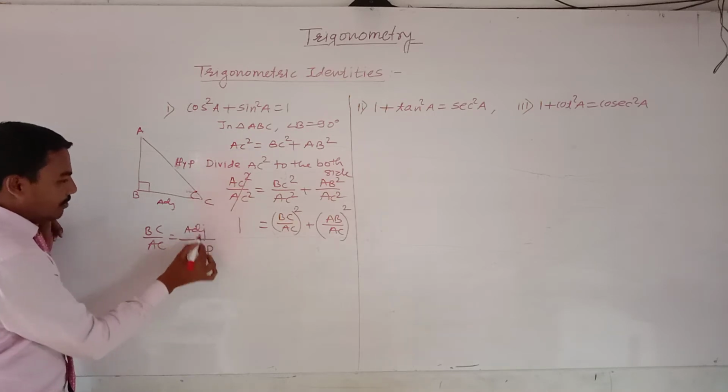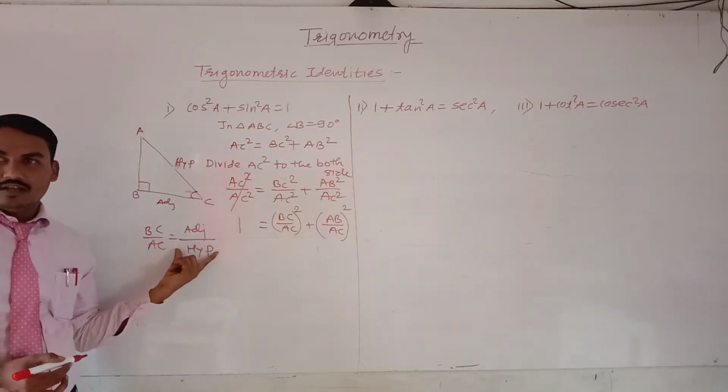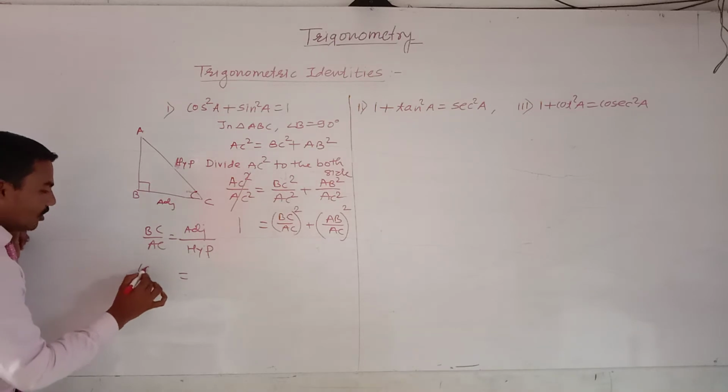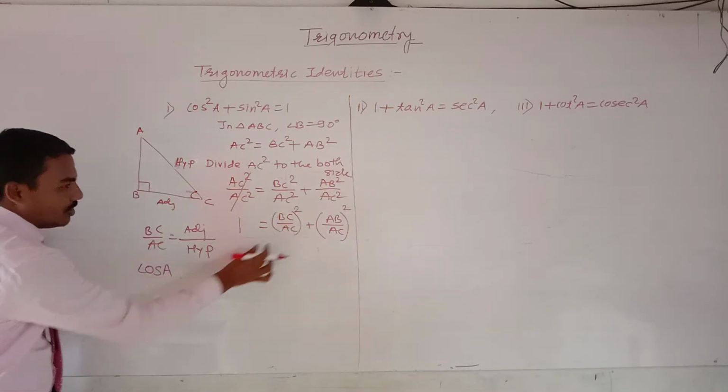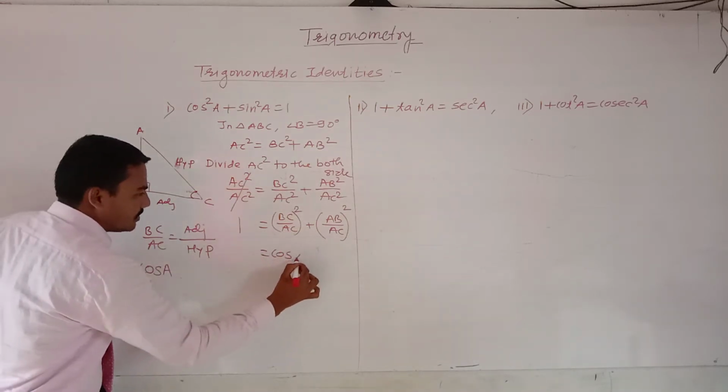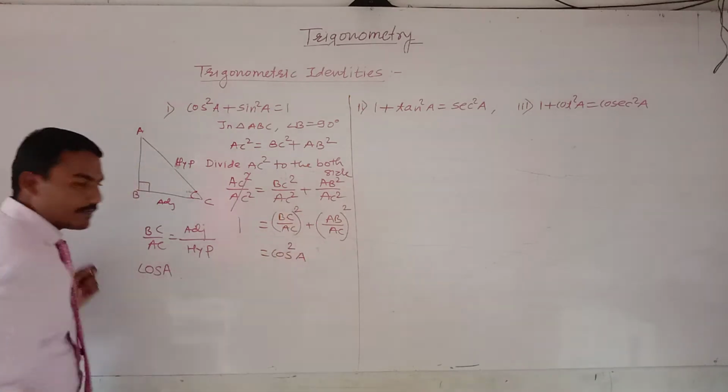So adjacent upon hypotenuse, which trigonometric ratio is that? Cos A. So instead of this, I want to write here cos A, and the square, cos square A.